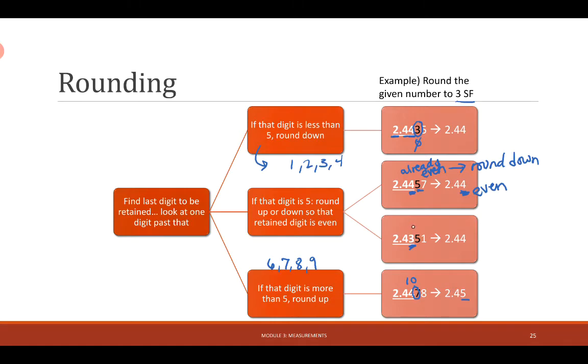If this last retained digit is odd, then we're going to want to round up so that it becomes even. So if we rounded down, it would be 2.43, and that's odd, and we don't want that. We want to round up so that it becomes even. Once that rounds up, we carry the 1, and then it becomes a 4, and so then it's even.